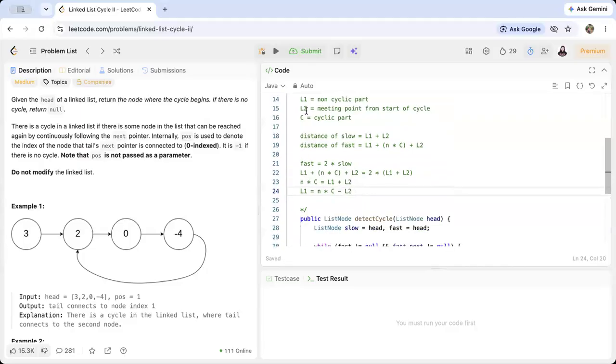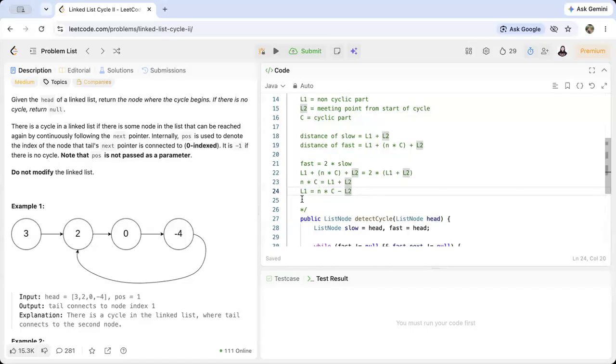It basically means that L2 is the length of the non-cyclic part. When we complete moving through all the nodes of the non-cyclic part, when are we going to complete this? When we complete the remaining nodes of the cyclic part, correct? C is the length of the cyclic part and L2 is the meeting point. So the number of nodes remaining in the cyclic part is C minus L2 plus some few complete iterations.